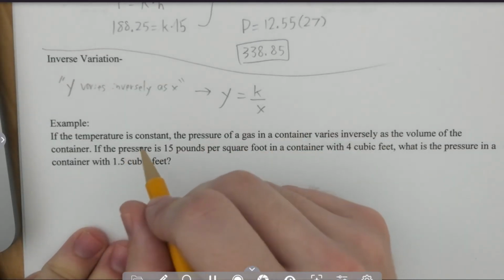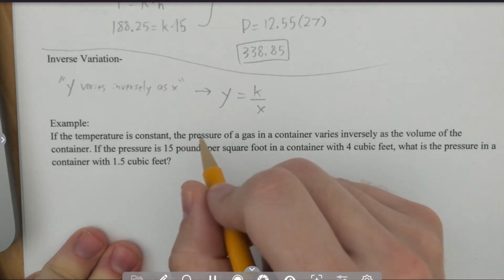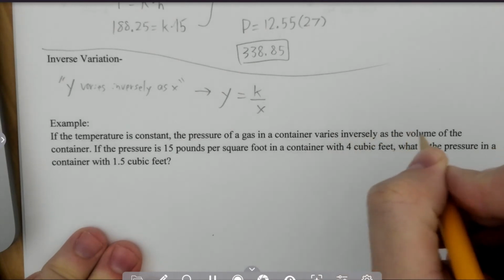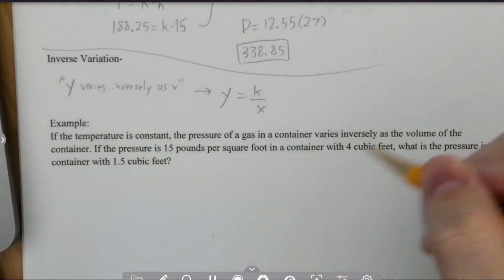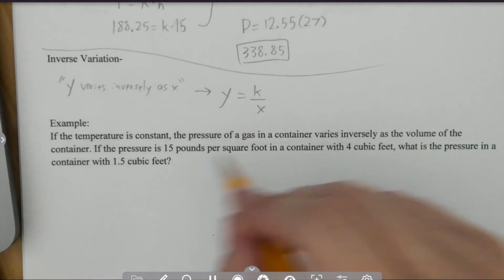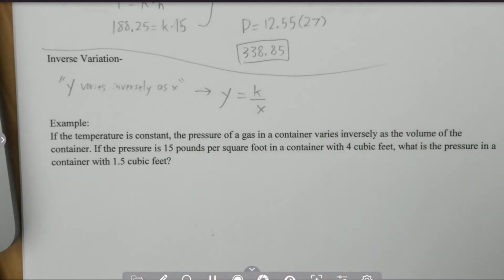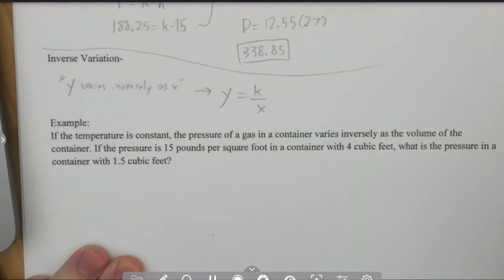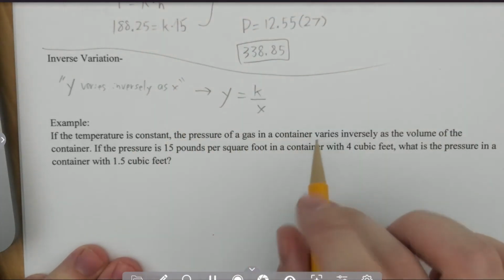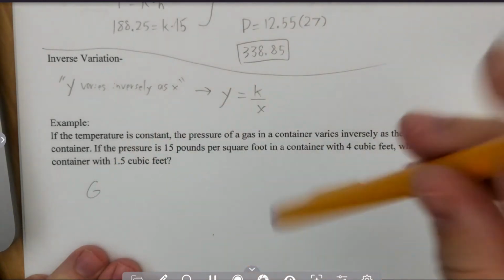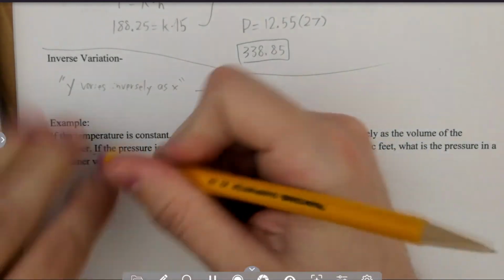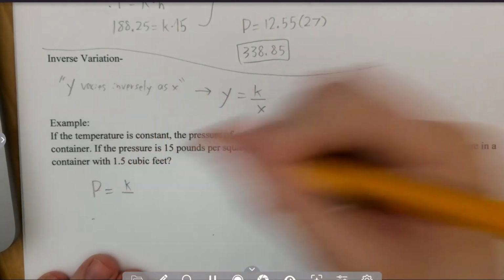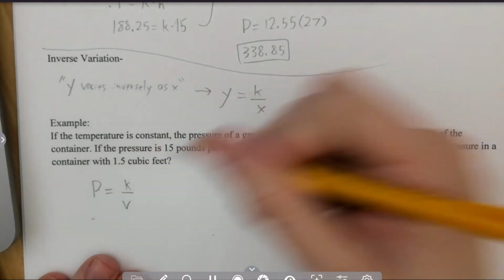If temperature is constant, the pressure of a gas varies inversely as the volume. If you've done some elementary physics, you might remember some of these gas laws from high school. I unfortunately still do, but it all comes down to these variation equations. So the pressure of the gas varies inversely as the volume.